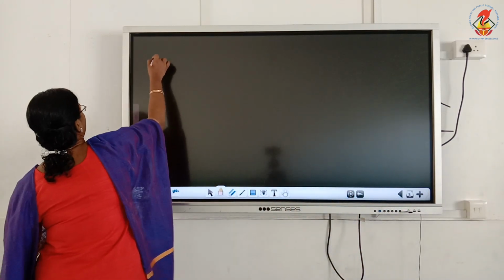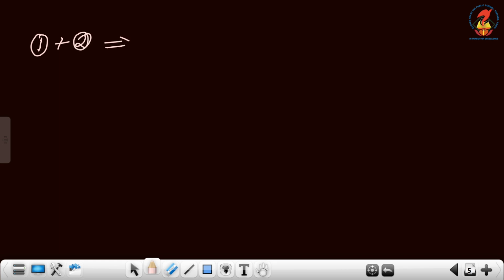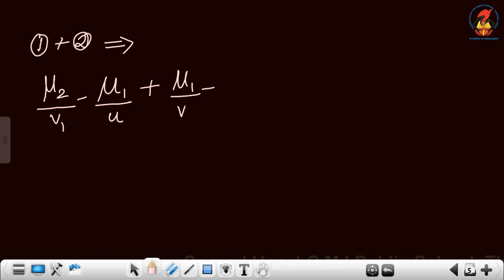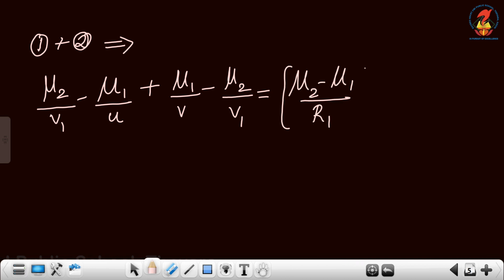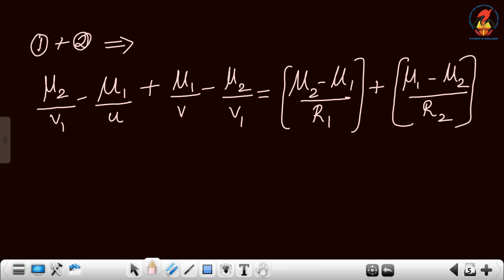So adding equation 1 and 2 gives mu2 by V1 minus mu1 by U, plus, right hand side and left hand side we are adding, mu1 by V minus mu2 by V1 is equal to mu2 minus mu1 by R1 plus mu1 minus mu2 divided by R2. This and this will get cancelled.